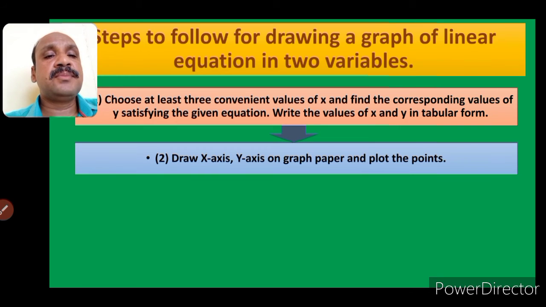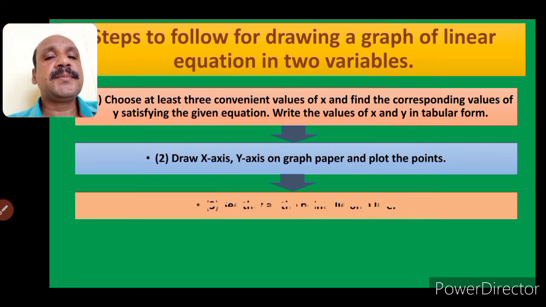To draw the graph, first draw the x-axis and y-axis, then plot the points. Third step, see that all the points lie on a line. That means all the points are in a single line.